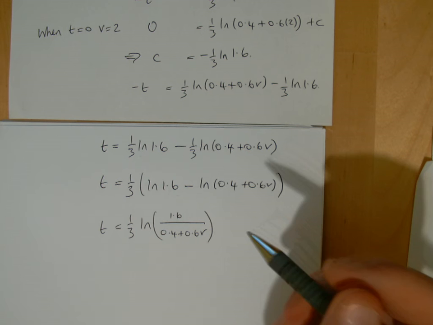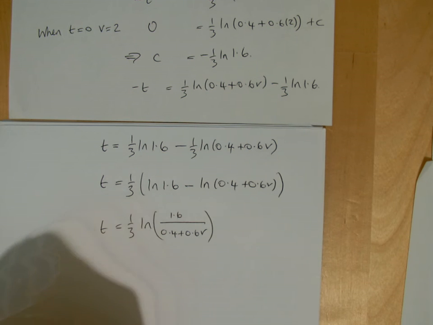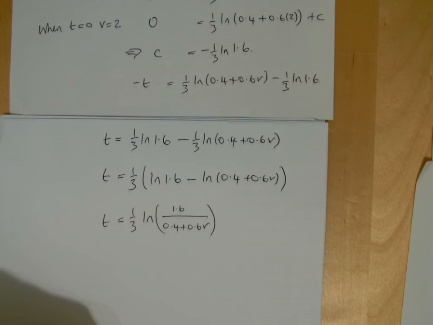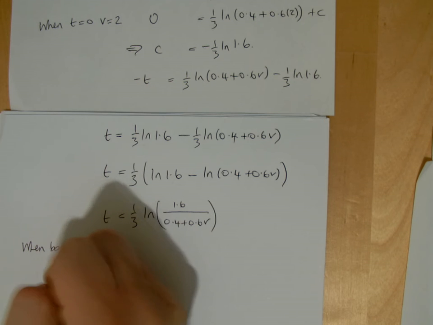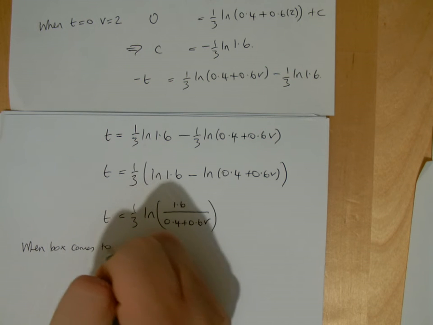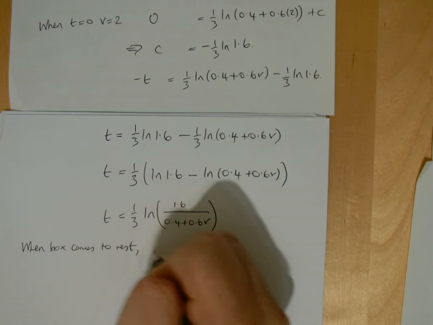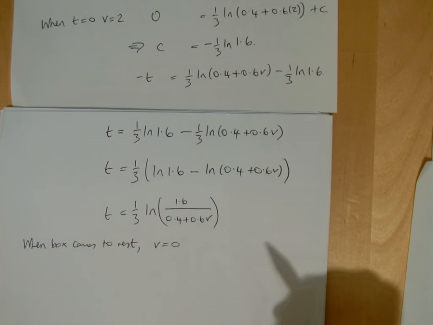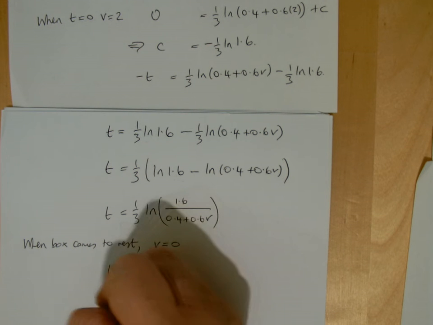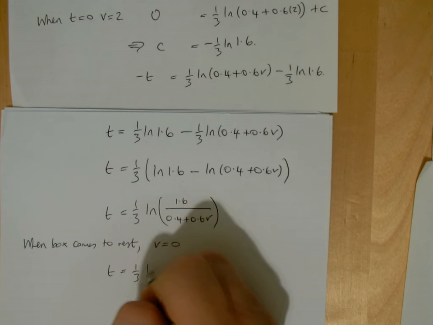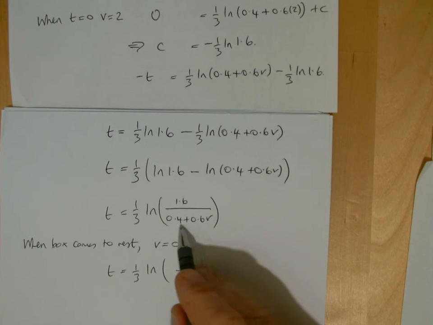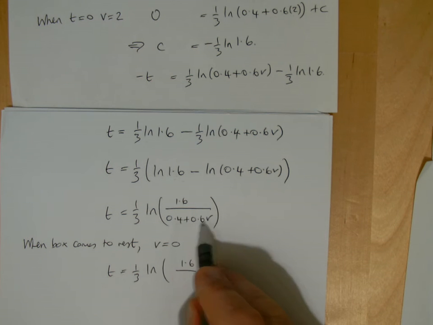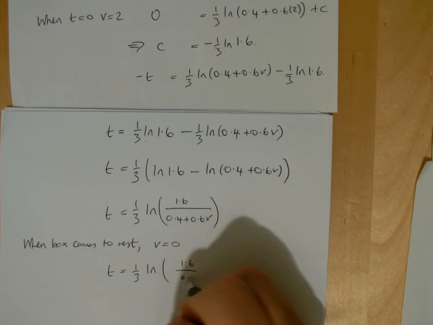It says, what's the time it takes for the box to come to rest? Of course we know when the box comes to rest, v is equal to 0. So you just plug 0 in there, so t will equal 1/3 ln 1.6 over, well that's 0, so this would just be 0.4.